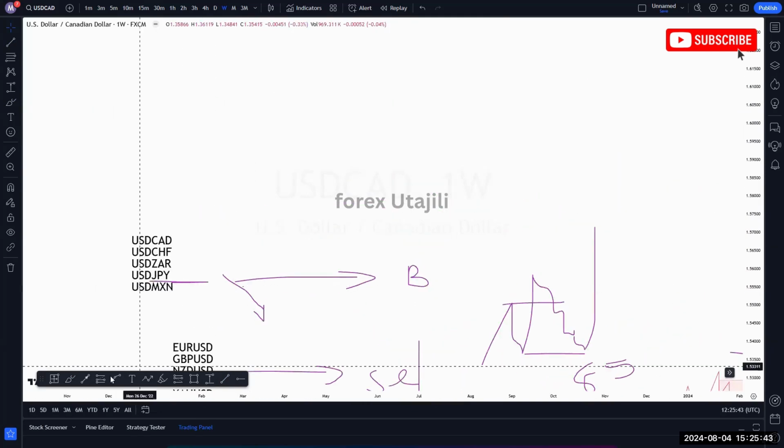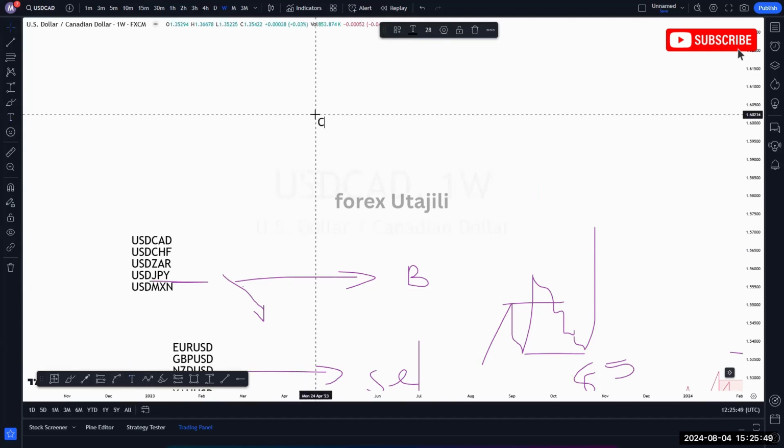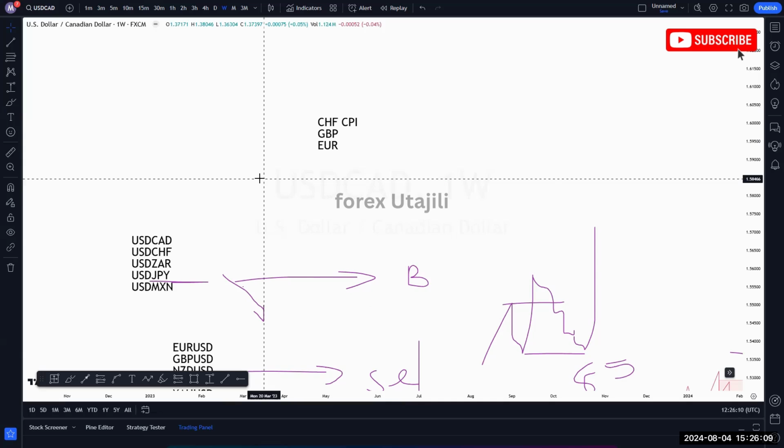Sometimes we have news like the CHF CPI, or GBP CPI, or Euro CPI news, and so on. This kind of news, we also trade based on available areas of liquidity. GBP CPI, Euro CPI, and CHF CPI, those pairs that you all know, we trade them based on available areas of liquidity.